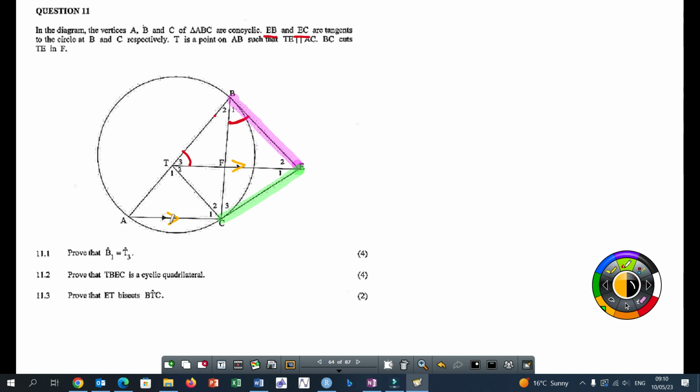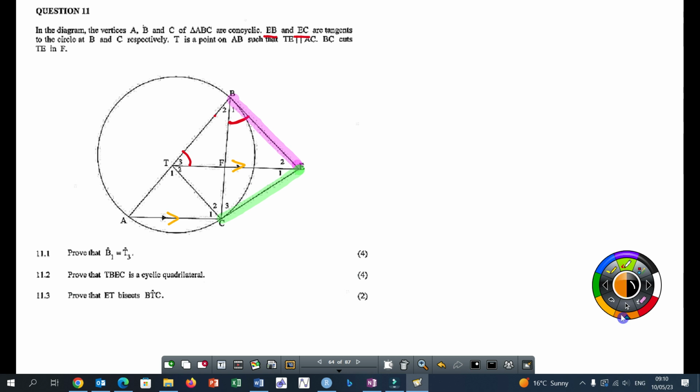Okay? Alright, so let's prove that B1 is equal to T3. Okay? Now, sometimes if you want to prove that two angles are equal, like in this case here, there is no angle given. Do you see that? There is no angle given. Now, what that means is you might need to introduce your own variable. So you can say let x be equal to a specific angle. And then you can carry on from there. Okay?